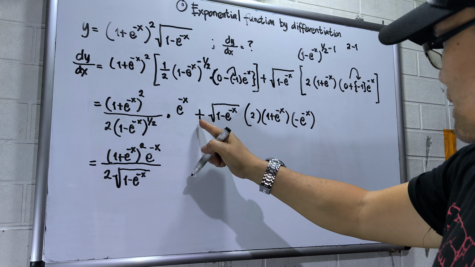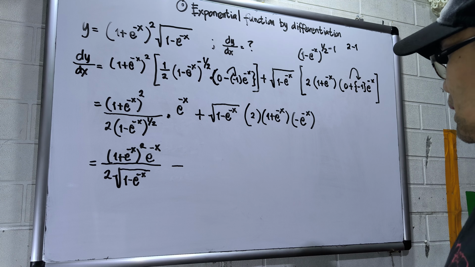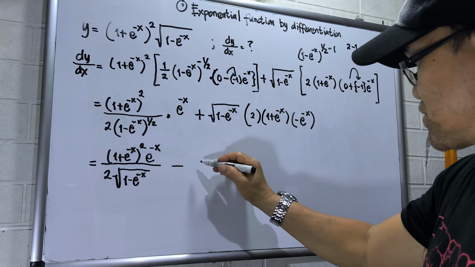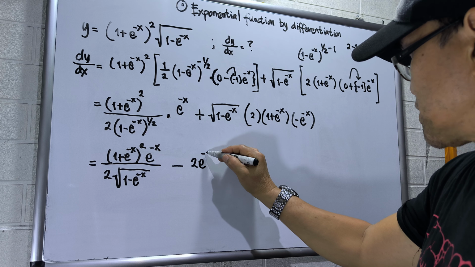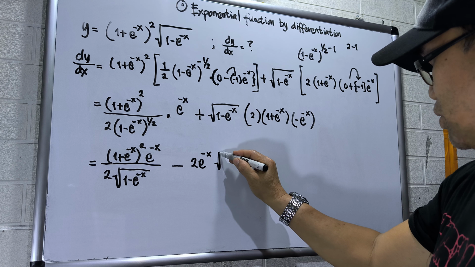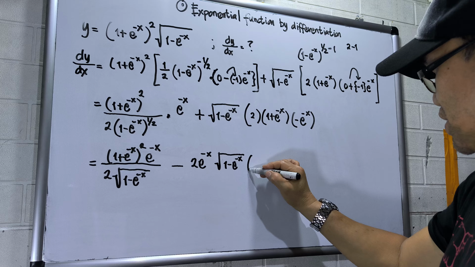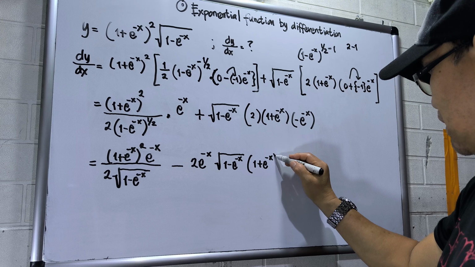Then this one will be positive times negative, that will be negative. Then I will just write this one first: negative 2e raised to the negative x times the square root of 1 minus e raised to the negative x times (1 plus e raised to the negative x).